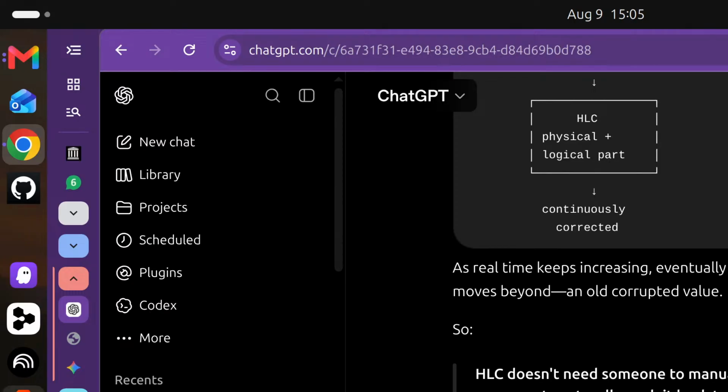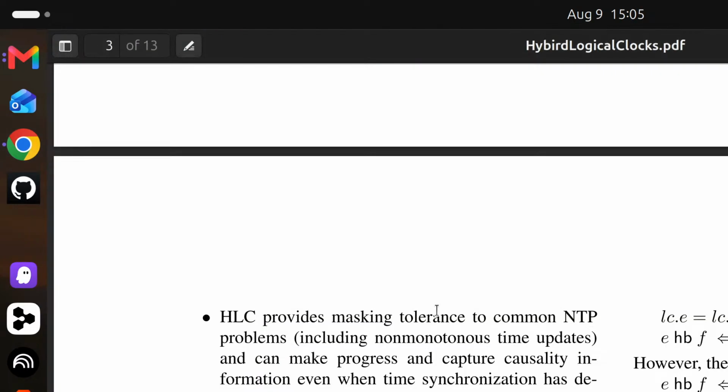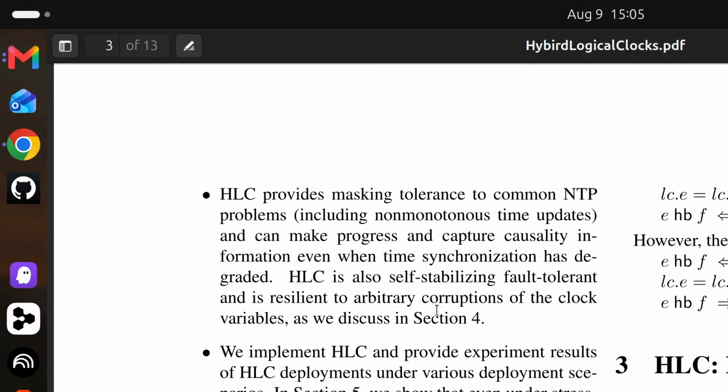Alright, and yeah, next part here is this. They are also saying that they implemented HLC and provide experiment results of HLC deployments under various deployment scenarios. In section 5 we show that even under stress testing, HLC is bounded and the size of the clocks remains small.